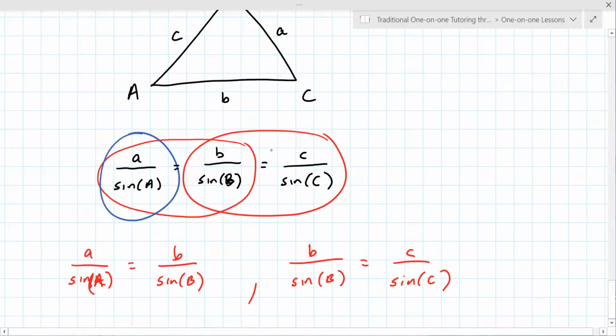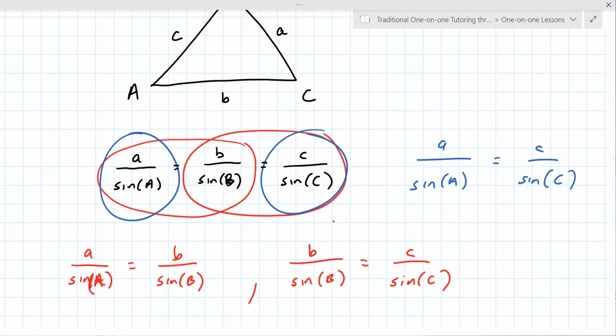You can use this with this, and that's a over sine A equals c over sine C. Do you follow how I created each of those three? Yes. Now here's yet another permutation of this. You can actually flip all of these. It's where the sine is now on the top and the letter is on the bottom.